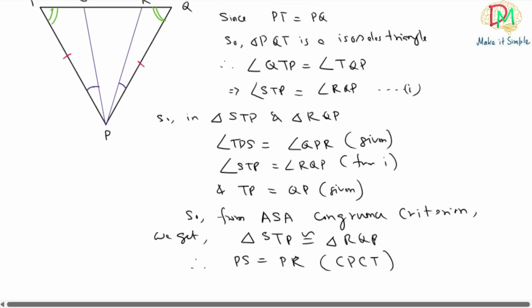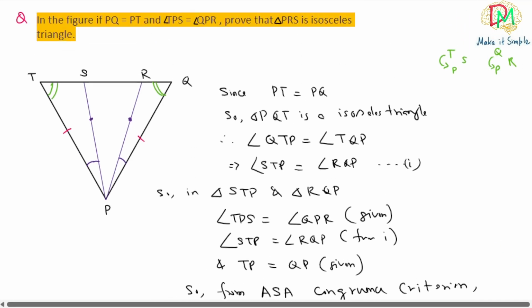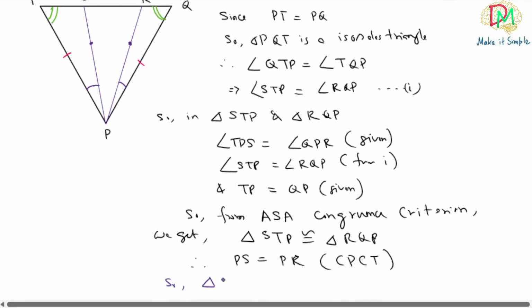So you can say that these two sides are equal. So triangle PRS is an isosceles triangle.